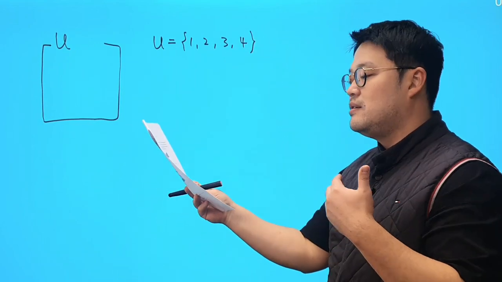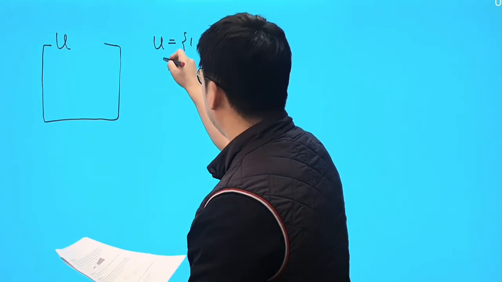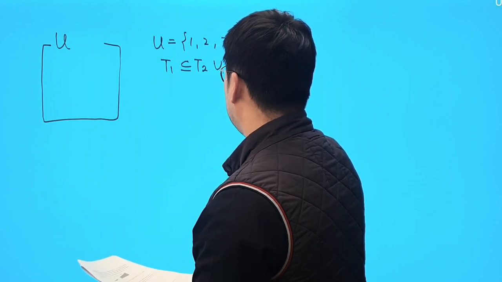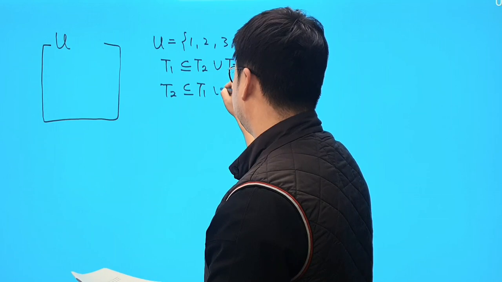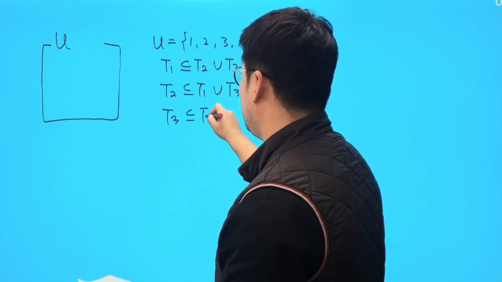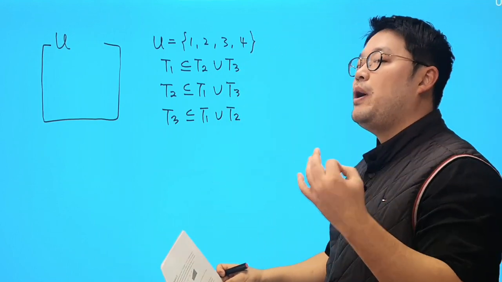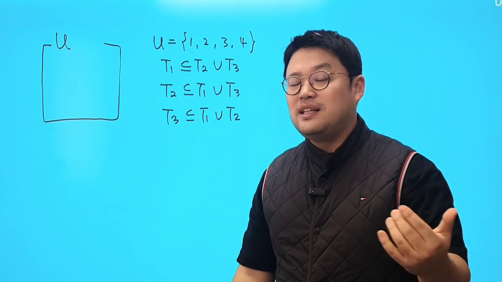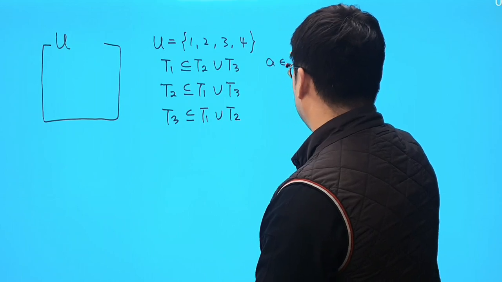And I would like to read the three last conditions, such that T1 is actually staying in T2 or T3, T2 is going to stay inside T1 or T3, and T3 is going to stay inside T1 or T2. All right, so we got three conditions, and let's assume that an element A stays inside one of the sets.